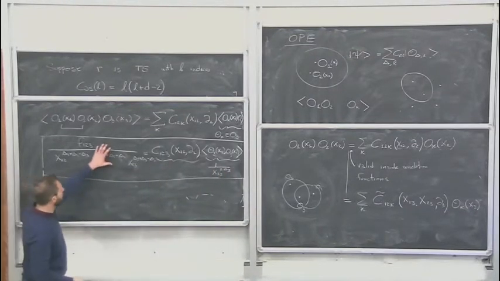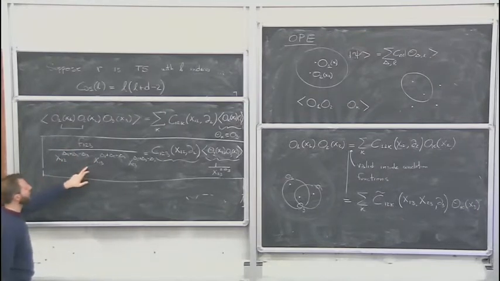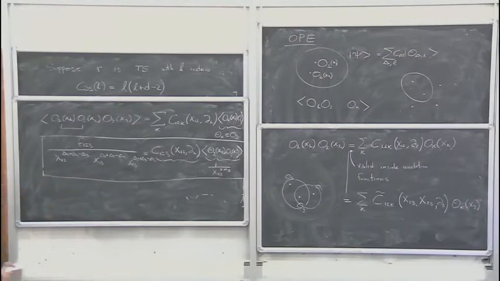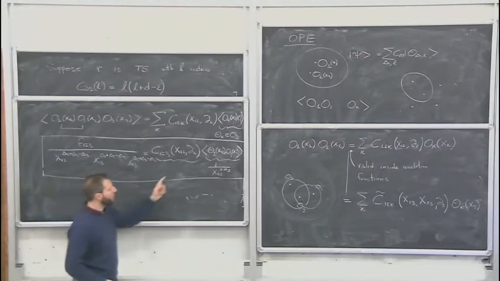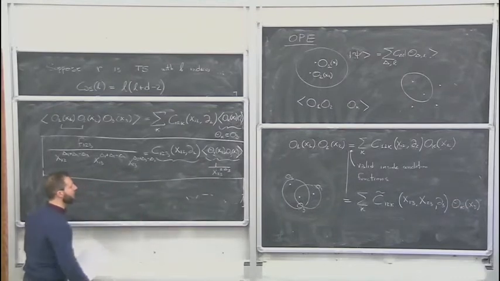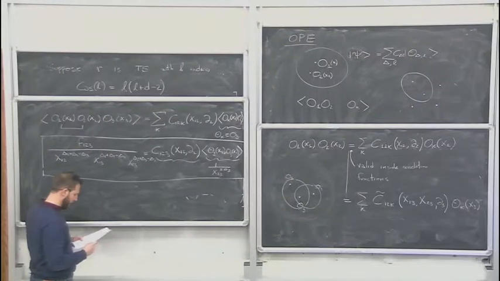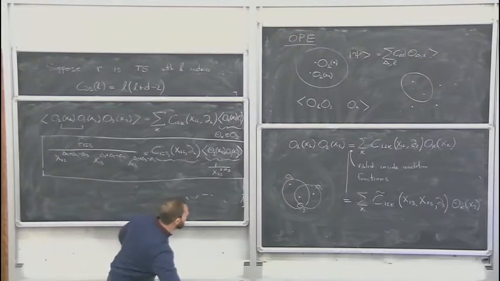So you can expand this term for x23 much larger than the other two distances, and you can read off each term in this expansion. For instance, you can show, I leave it to you as an exercise.